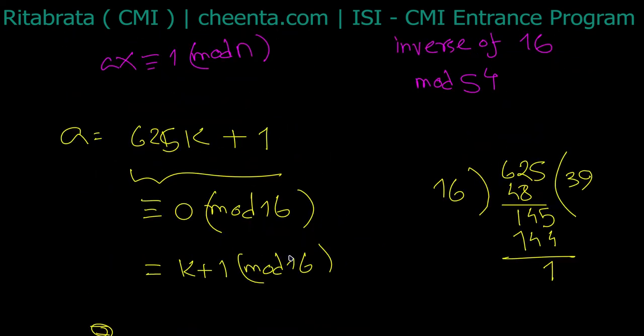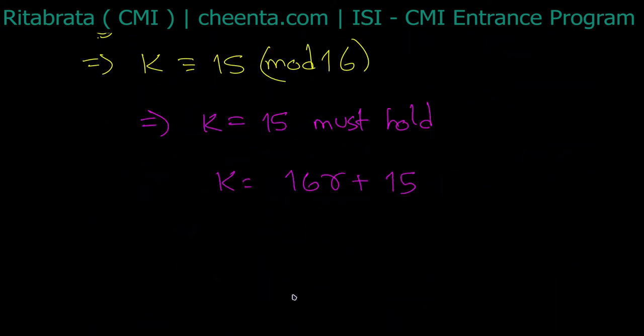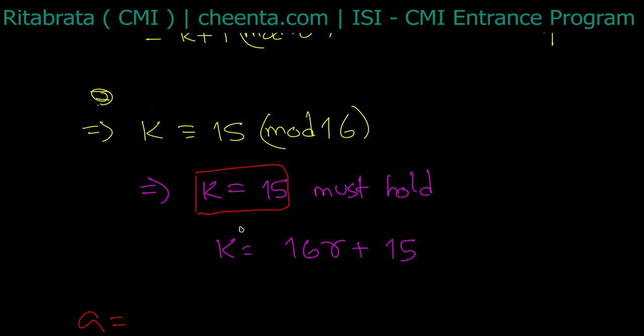In that case, you can easily see that it will exceed 10,000. Putting r equal to 1 or 2, it will exceed the value of a in the range. So k equal to 15 is the only solution. So a equals 625k plus 1, that is 625 into 15 plus 1. This is your unique solution in the first case.